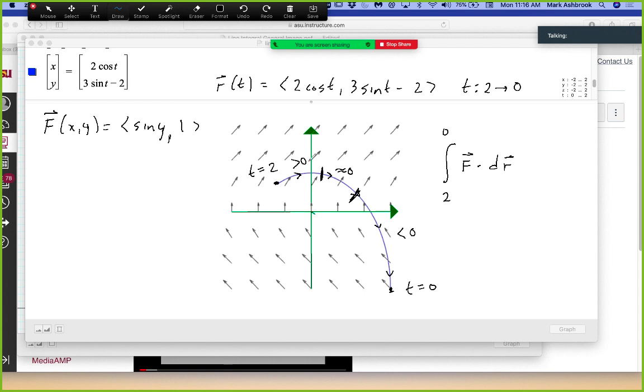Does it look like the positive contribution is less than the negative contribution? You've got a longer span here where the vectors are pointing against the direction of motion. So that would indicate that this is going to be less than 0.